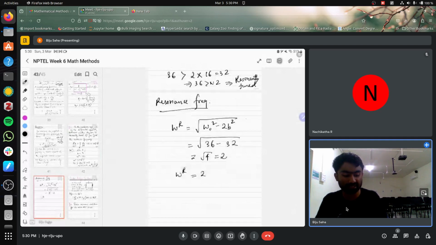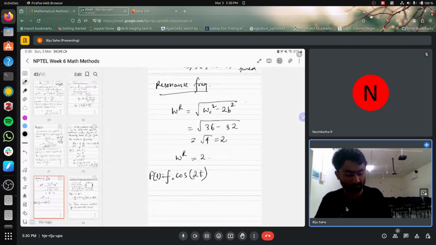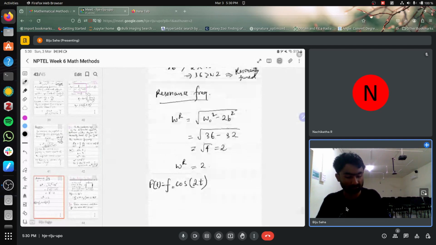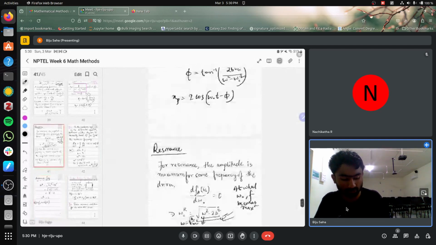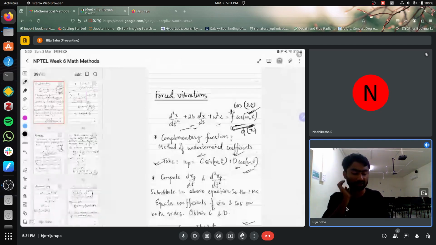That says that if your driving force f of t is equal to f naught cos of 2t, then for those particular values of b and omega, the system would be in resonance, that is, the amplitude will reach a peak.